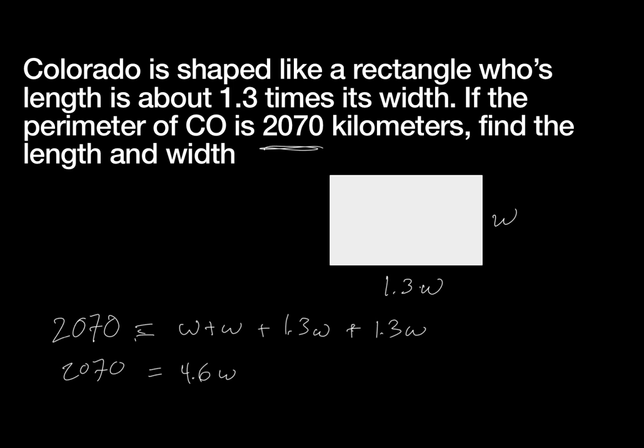And then you run to the calculator and say, well, 2070 divided by 4.6 is 450. So the width is 450 kilometers, times 1.3, the length is 585 kilometers.